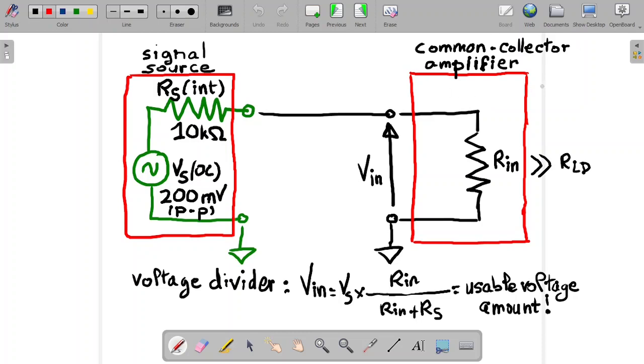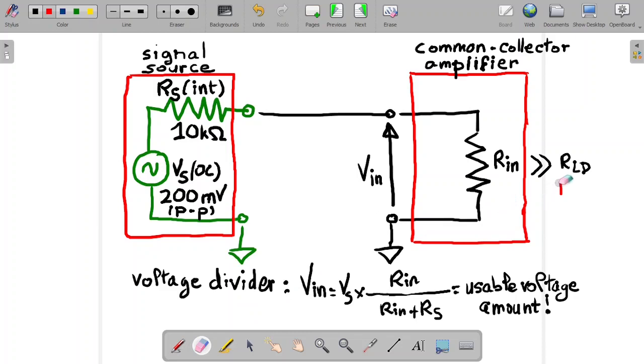The common collector amplifier is such that Rin, the resistance that you see when you look into the amplifier, is much larger than the R load from before. In our case it was 16 ohm.